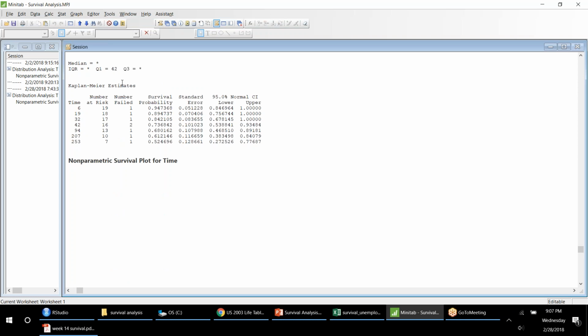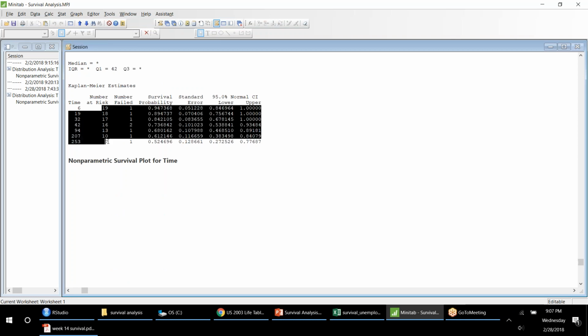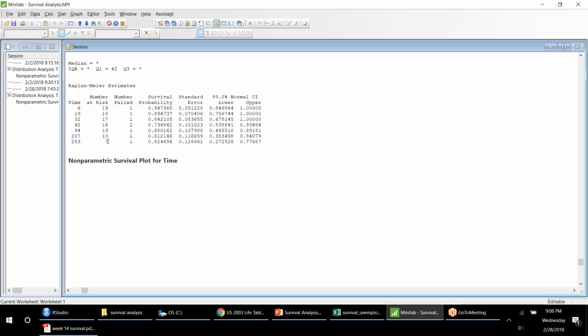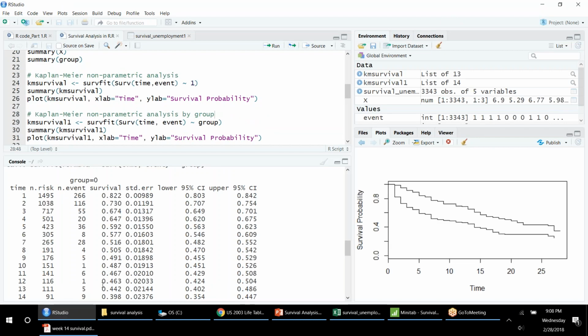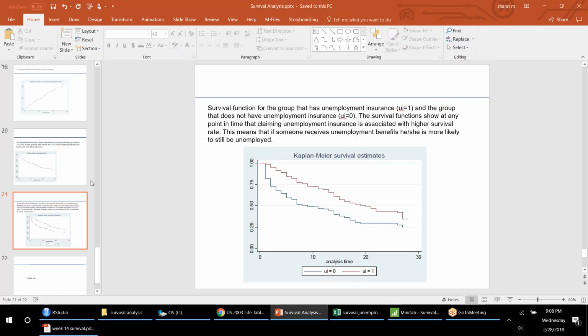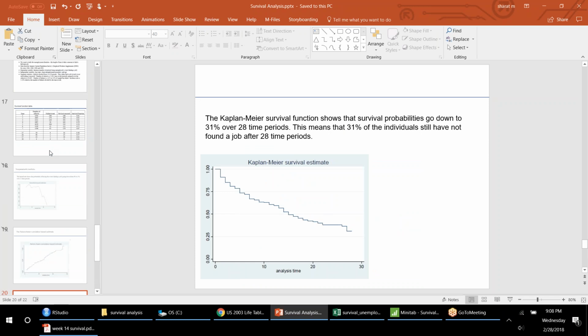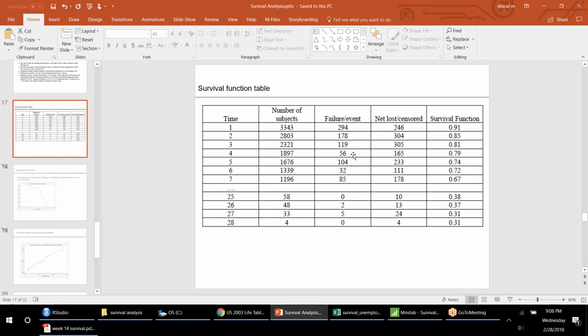Again, I have to look into the data set and explain it. So this is like a failure event.